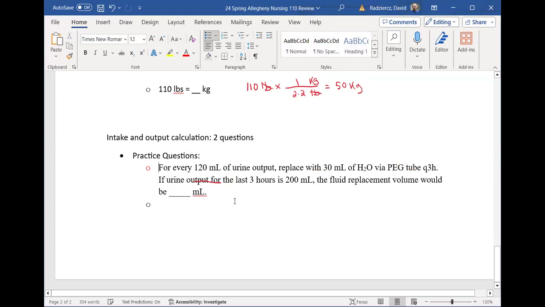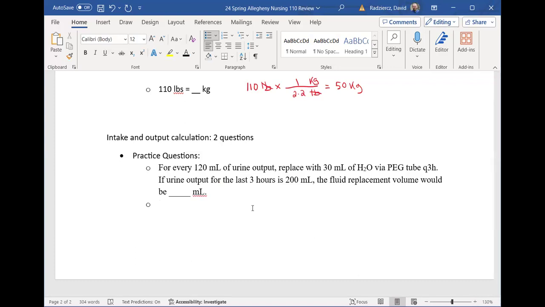So the fluid replacement question that we usually work with at Allegheny campus looks like this, where it's going to be calculating the fluid replacement volume after the patient has voided.